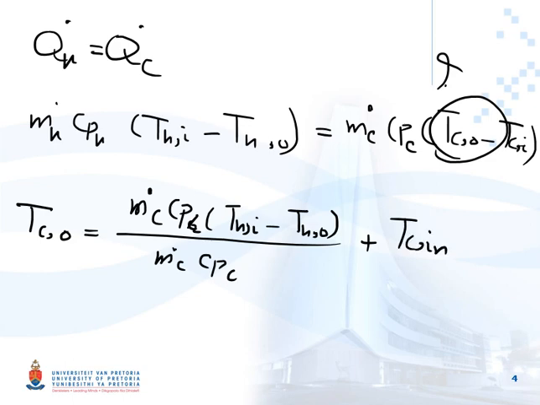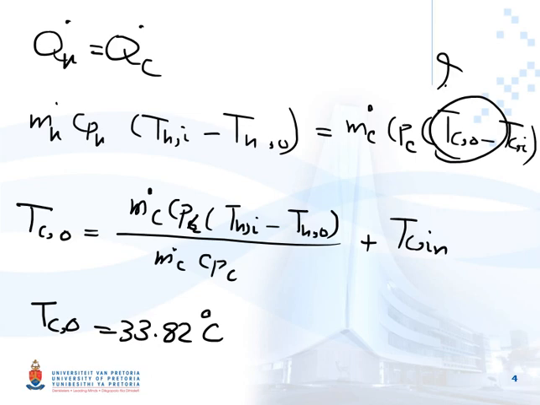If you calculate that, the outlet temperature of the cold fluid is 33.82 centigrade.